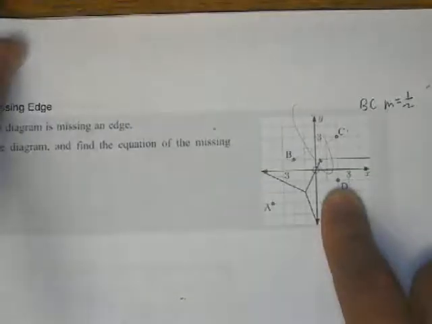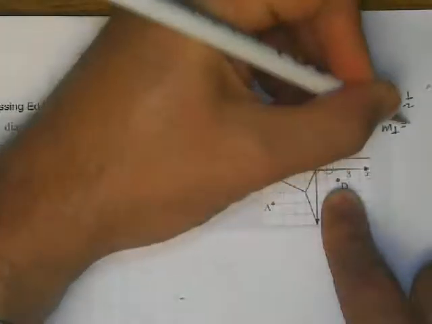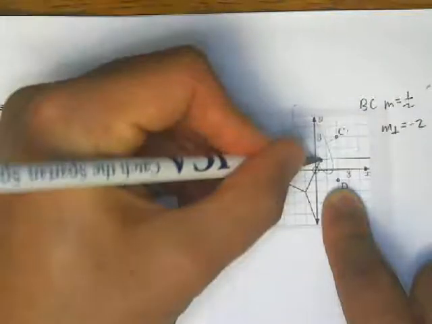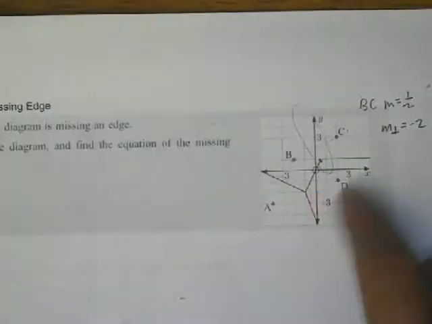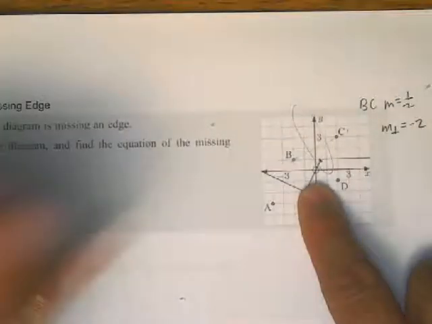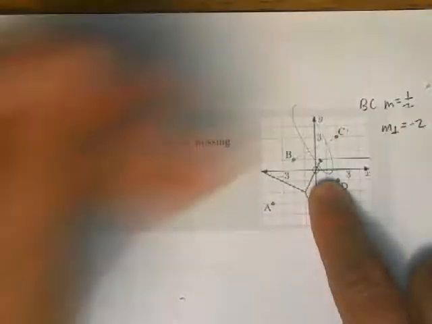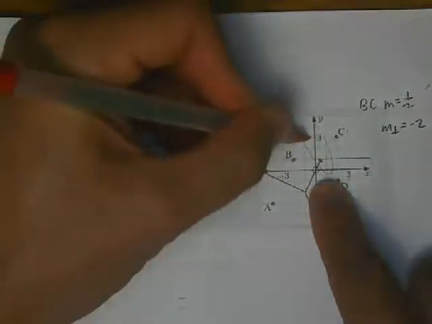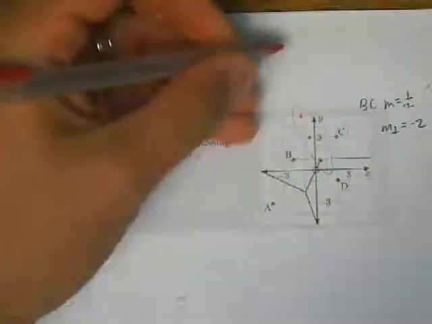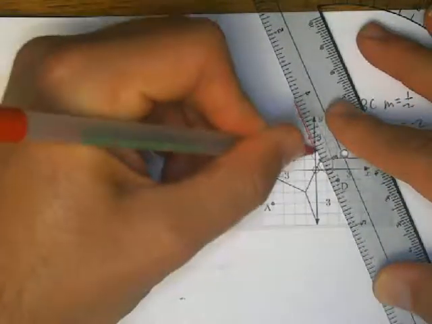Since the slope is 1/2, the perpendicular slope is going to be -2. It starts right there, so to have a slope of -2, I'm going to go up 2 and over 1. That's where my line is supposed to go.